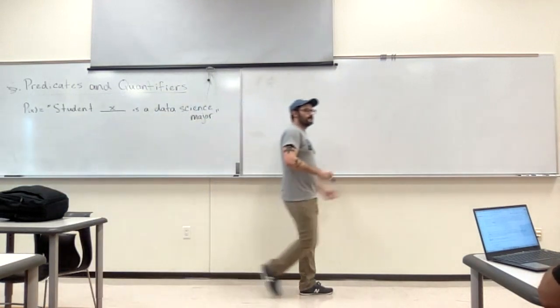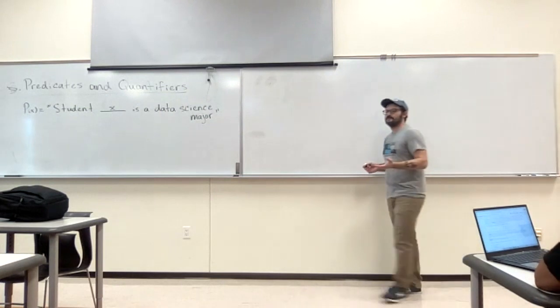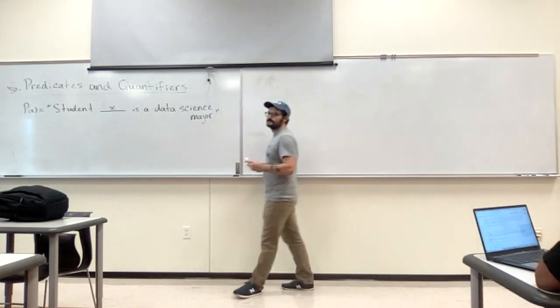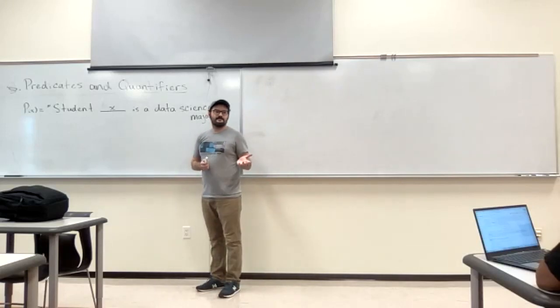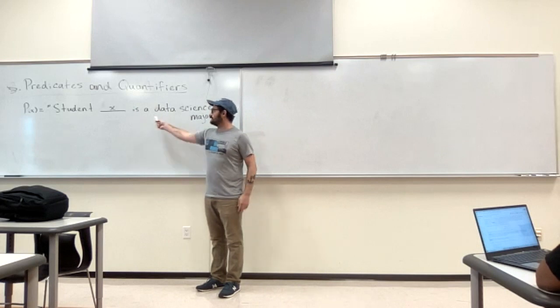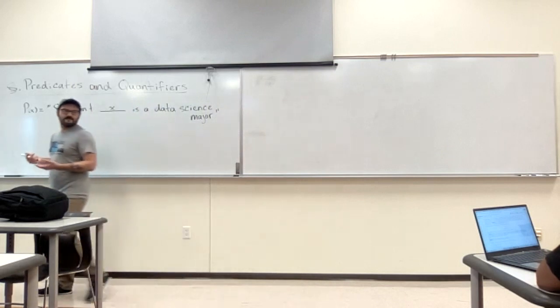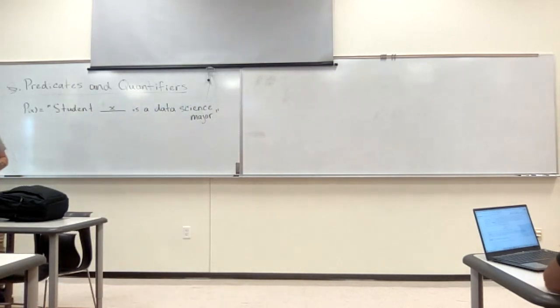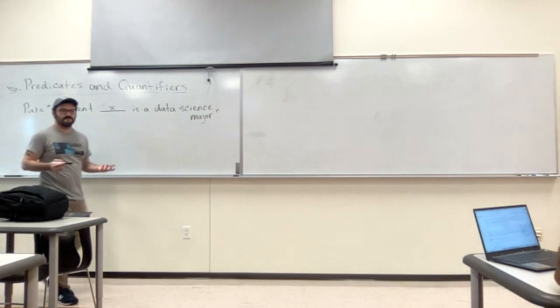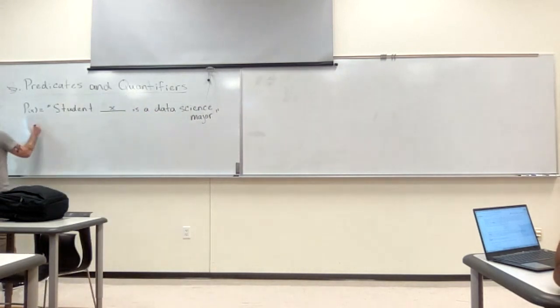Okay, so what about the question that we could ask: for all students in this class, for all x in this class, this? That seems like a common thing that would happen, right? We need to specify a domain of interest. I need to write that out for you.